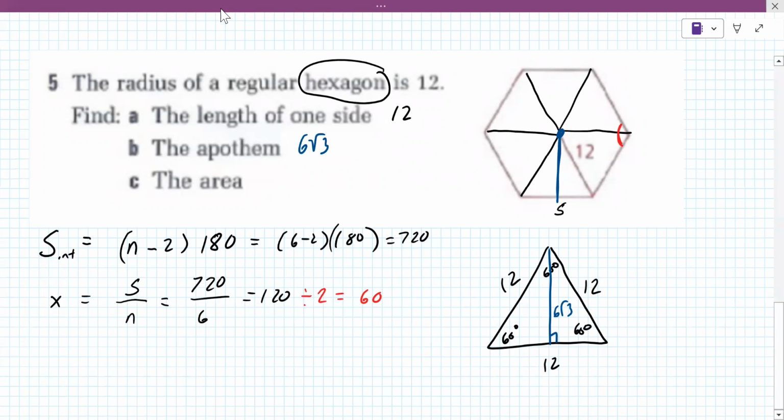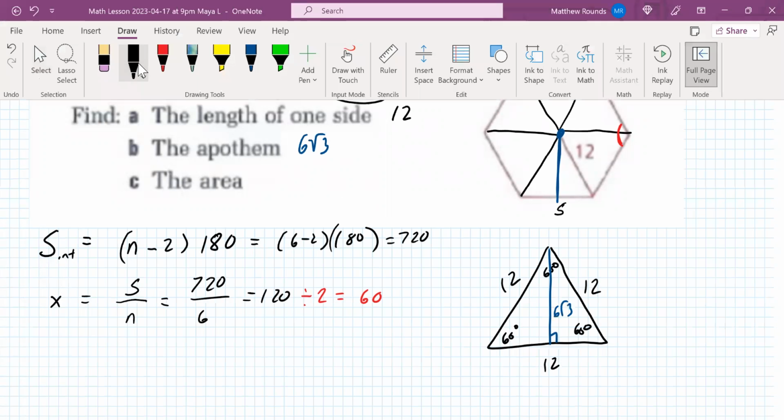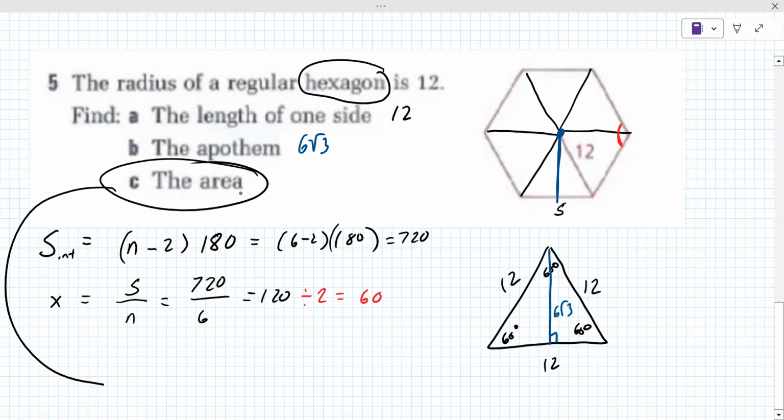Now the area of any regular polygon is 1/2 the apothem times the perimeter. Did you maybe see that in class today? Yes, I did. So the apothem we have, that's what this is really leading you to.